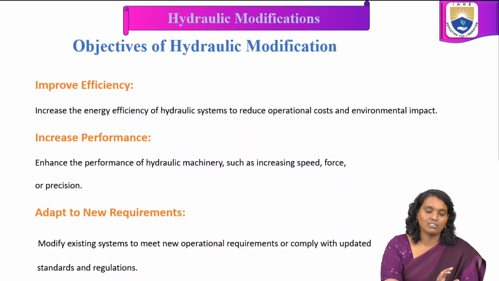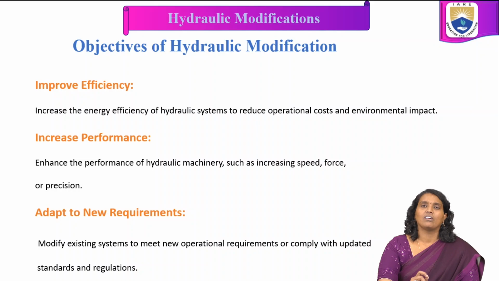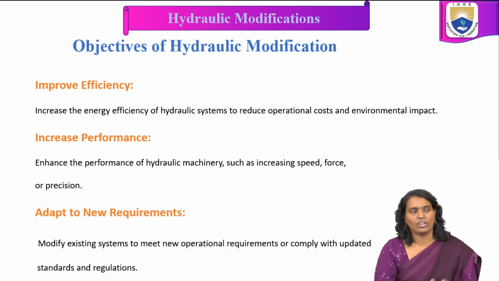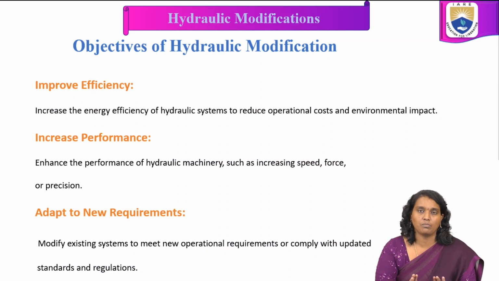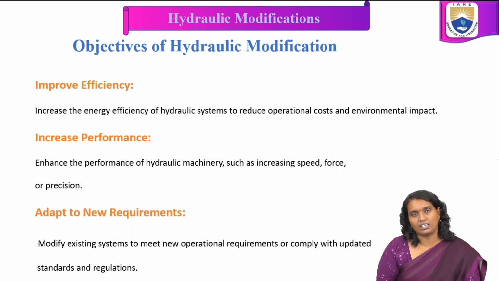In that, the first is that we are going to improve this efficiency. Increase the efficiency of the hydraulic systems to reduce the operational cost and also from an environmental point of view. In the environmental aspect also, improving the efficiency in hydraulic modification is one of the important things we have to do in our soil modification, ground improvement point of view.